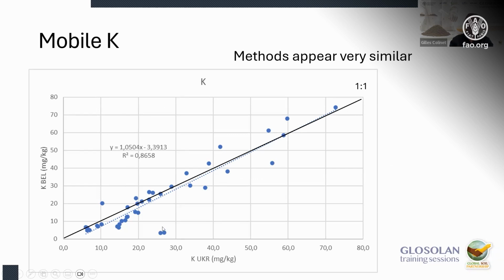Only here we have 2 points that are a bit far away, but the results follow the 1-1 straight line, and I think it looks like the extraction of potassium is not sensitive to the kind of counter ions that you put into the solution between these two methods.